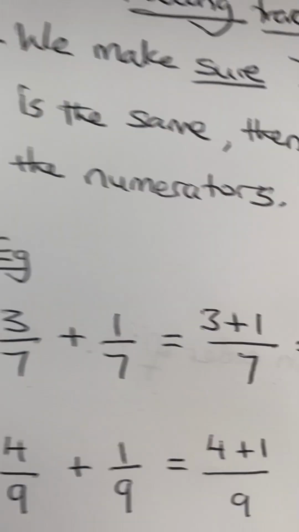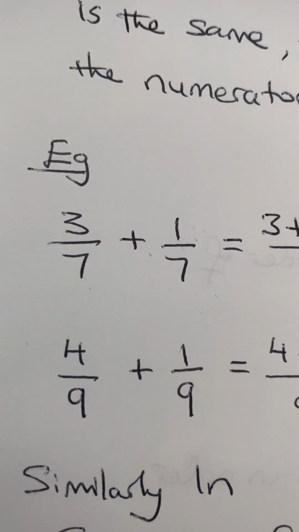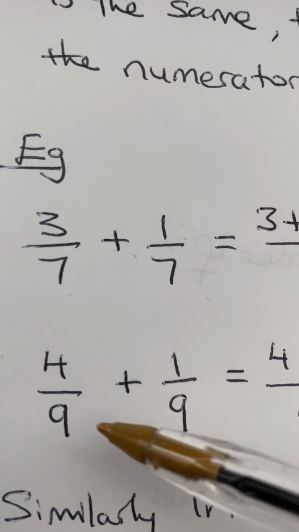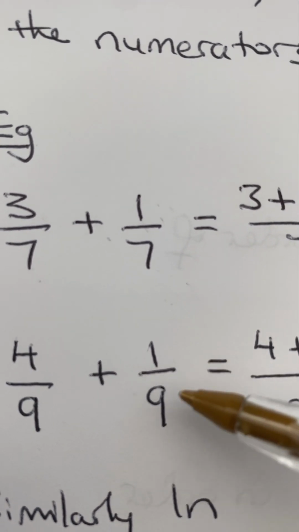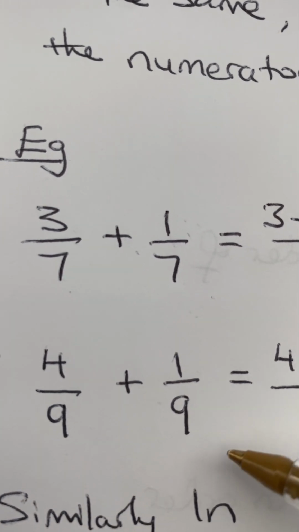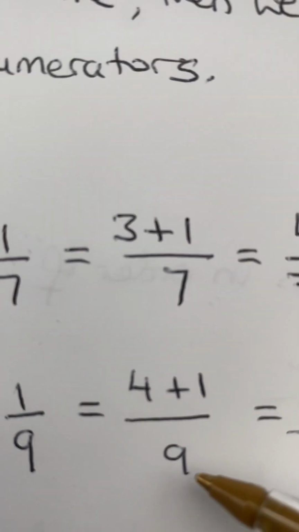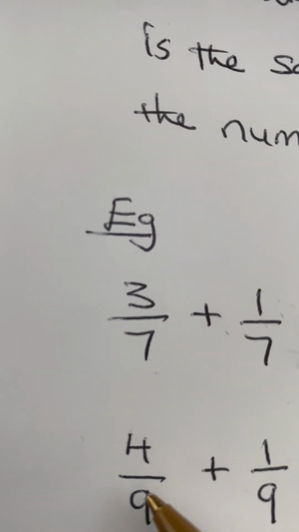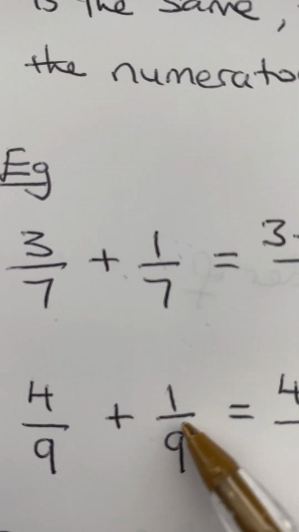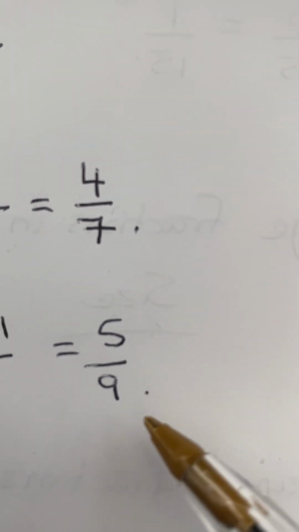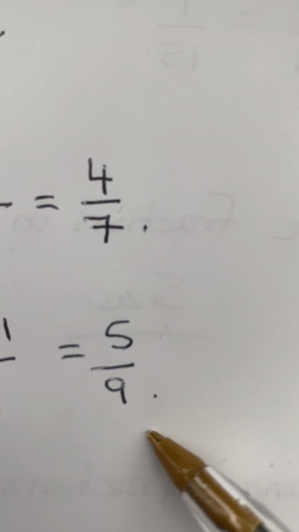4/7. Now we have 4 over 9, add 1 over 9. The denominators are the same again, so we have one denominator, and then 4 add 1 will be 5, divided by 9.